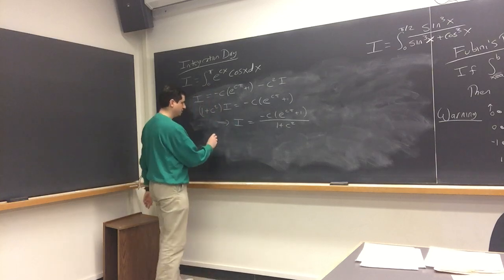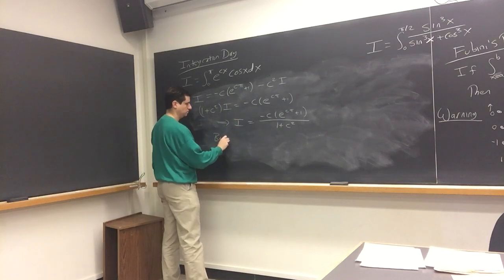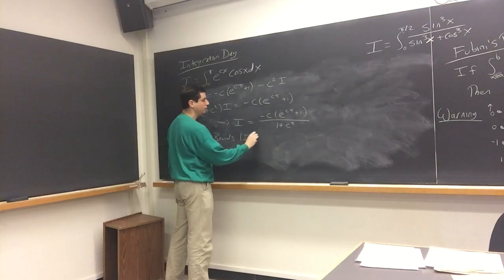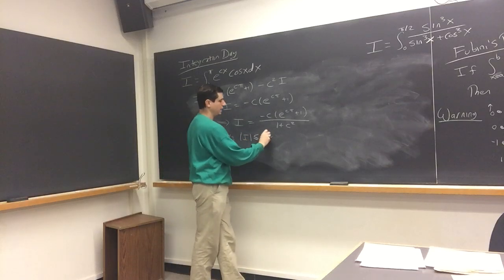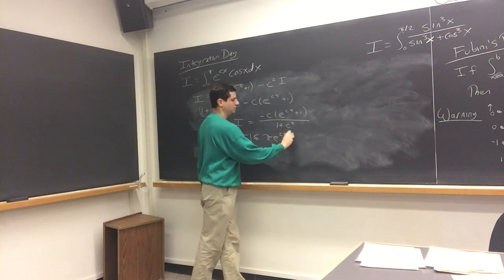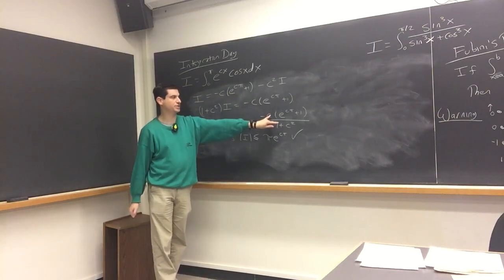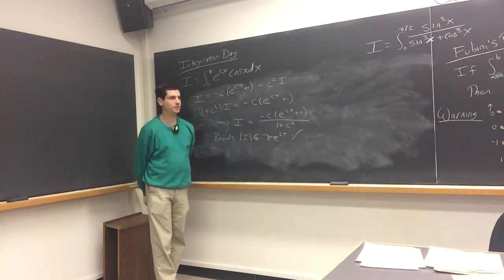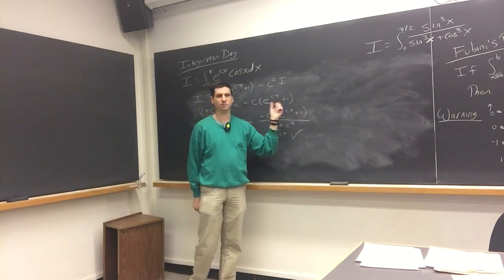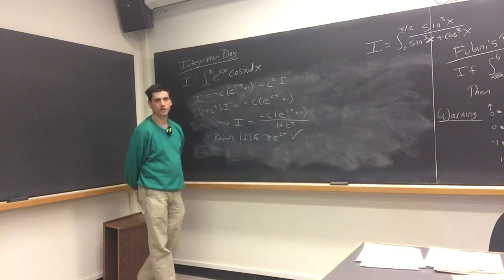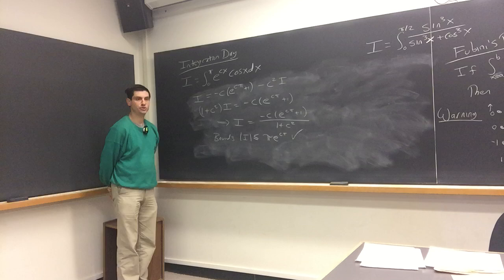So first thing is bounds. The absolute value of I should be less than or equal to pi times e to the c pi, which is definitely true, because c over 1 plus c squared is clearly less than 1. Maybe I have to worry a little bit about the plus 1 here, but I'm not that worried about it. So that's the first thing, it's at least not too big.